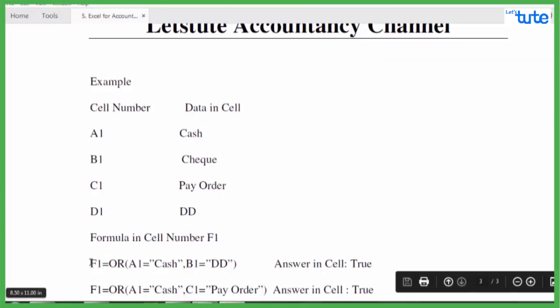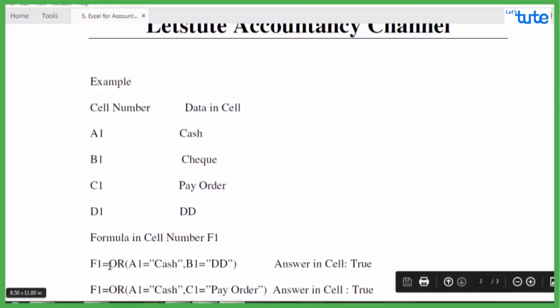So I have typed the command in cell F1: equal to OR bracket open A1 is equal to cash, comma B1 is equal to DD. So this second condition is not satisfied, but the first condition is satisfied. That means your answer is true.